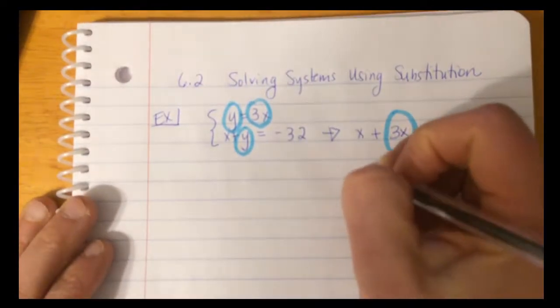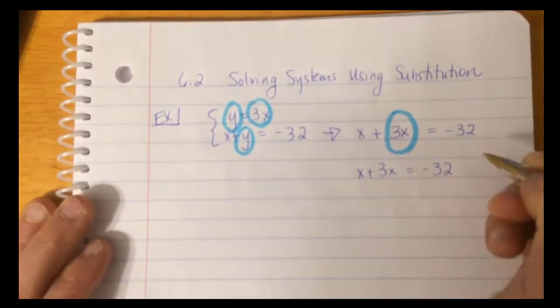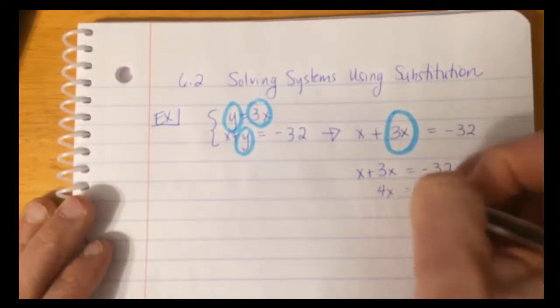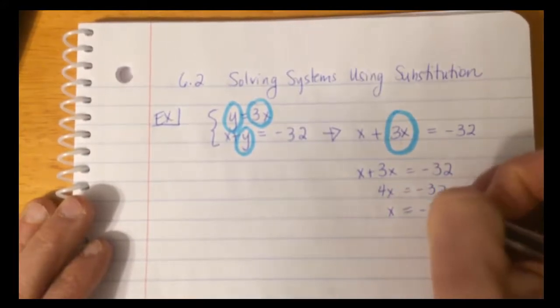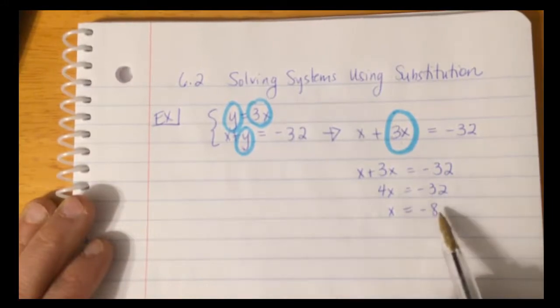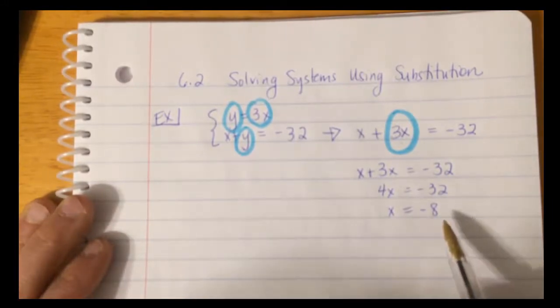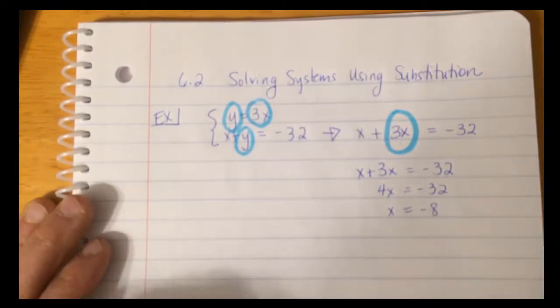Okay, why does this help? Well, let's look at this carefully. x plus 3x equals negative 32. Oh, that just means 4x equals negative 32, which means x equals negative 8 if I divide both sides by 4. Now, I'm almost done. x equals negative 8 I can use to find my y value.